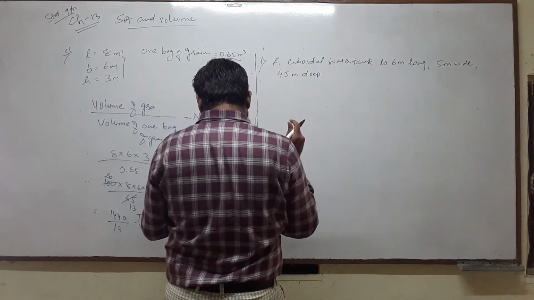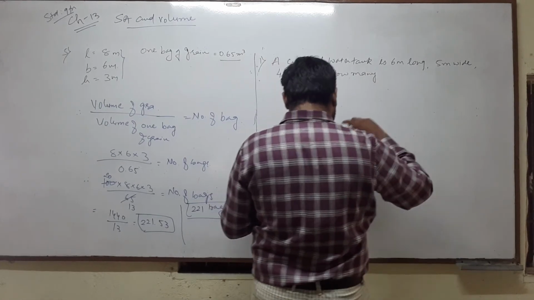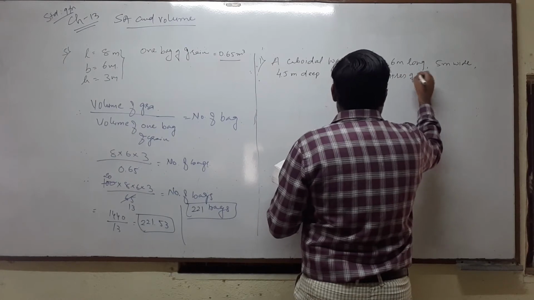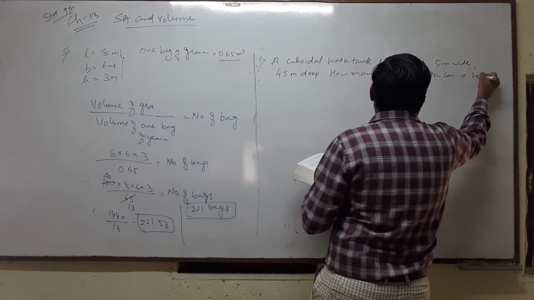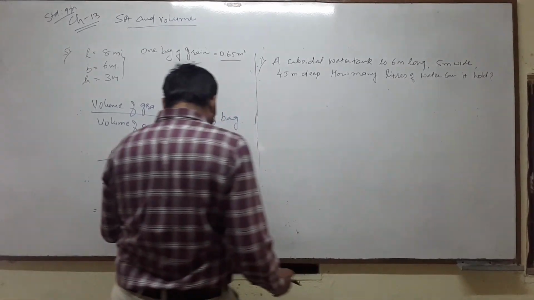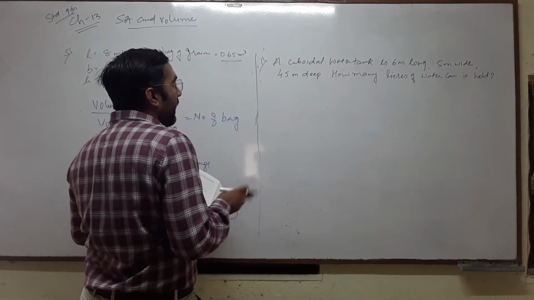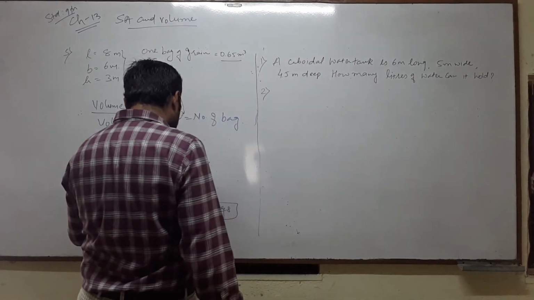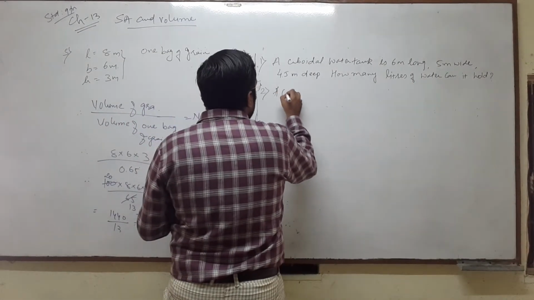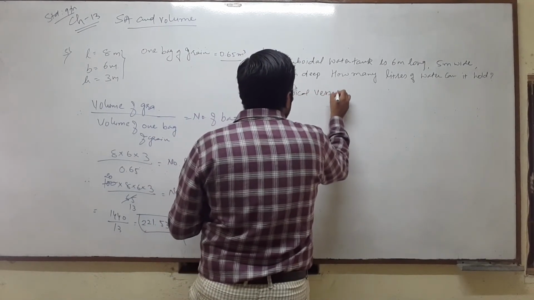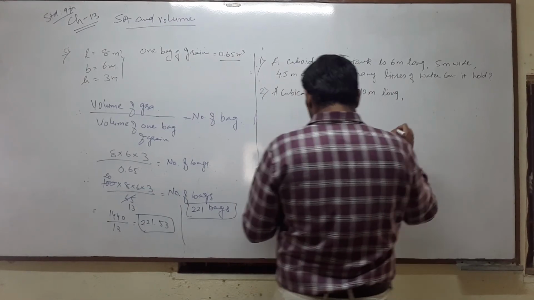How many liters of water can it hold? And the second question is, a cubical vessel is 10 meter long and 8 meter wide.